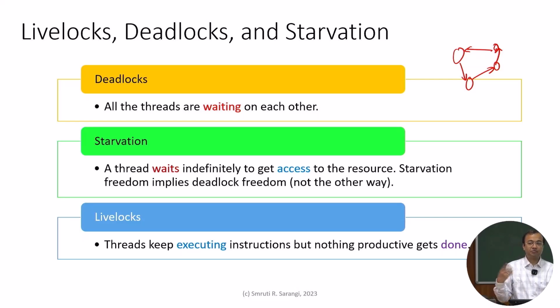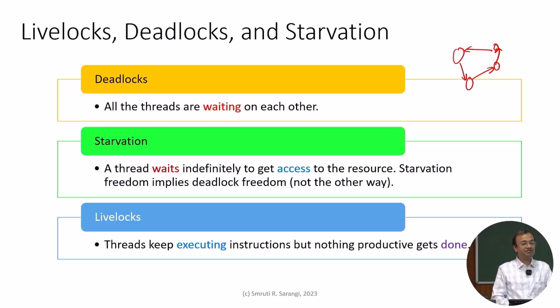This continuous looping is known as busy waiting, or a spin lock, where you continuously loop and check: is it 0, is it 0, is it 0. This does account for CPU time and CPU energy, but you are not doing any useful work at all. Then there is something called starvation.